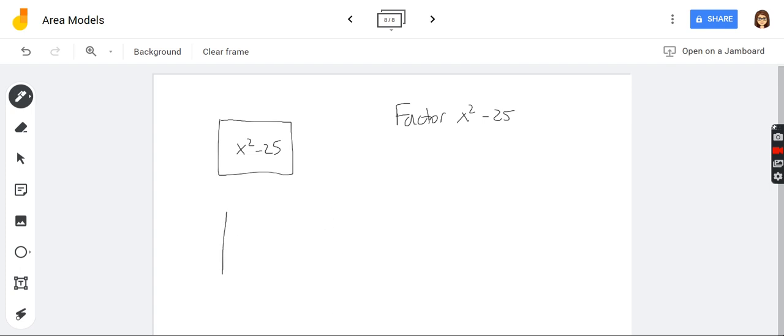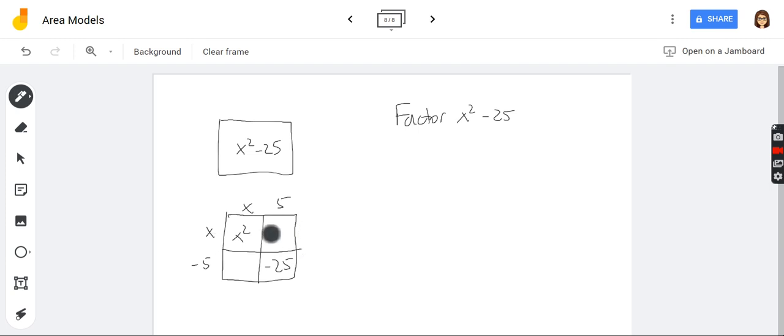So what's going to happen? I need an x squared, so it's going to be one of these with the 4 parts. So I can get an x and an x and an x squared. And here's my negative 25. Okay, and so I need 2 numbers that will multiply to give me negative 25. Right, and there's really no choice here. So 5 and negative 5 is all it's going to be.